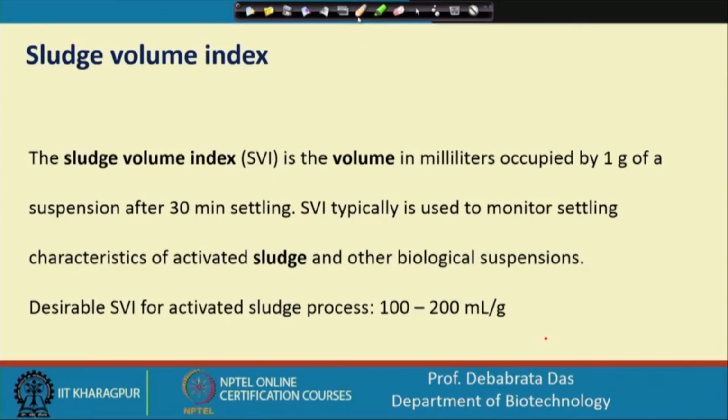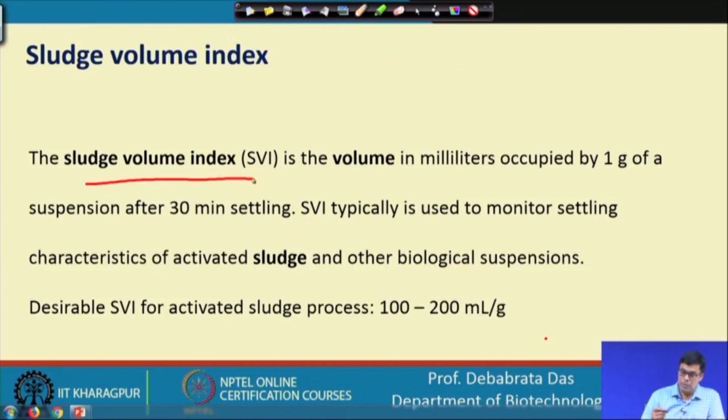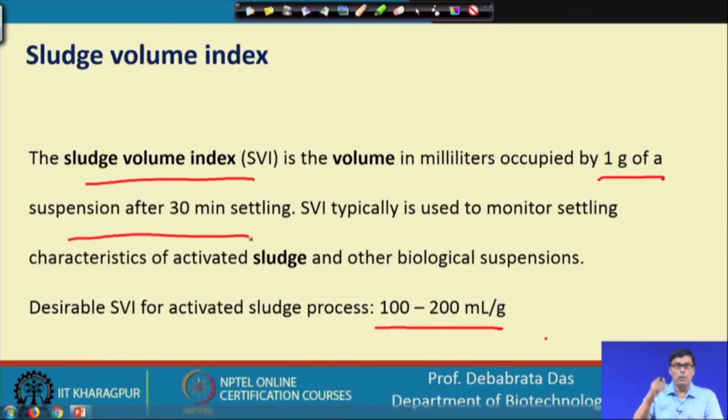Now, another very important parameter is the sludge volume index, particularly in the clarification or sedimentation process. Usually the value should be 100 to 200 milliliter per gram. That means if 1 gram of suspended solids is kept for settling for 30 minutes in a 1 liter measuring cylinder, and it occupies a volume of 100 to 200 milliliter, then we consider it a good settling sludge.